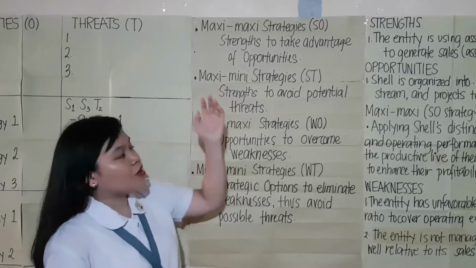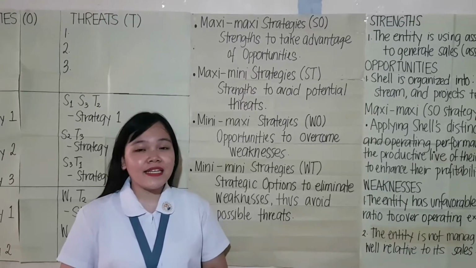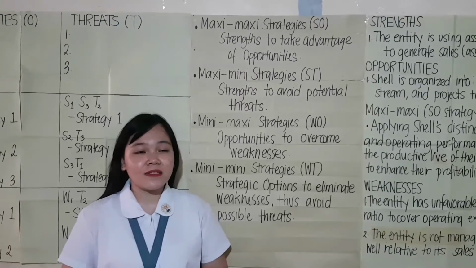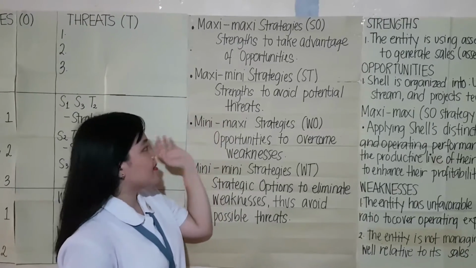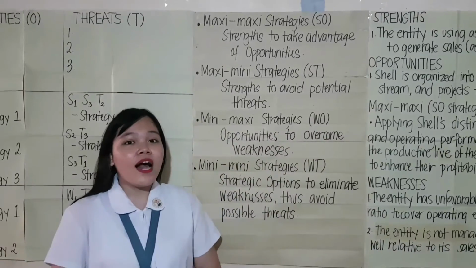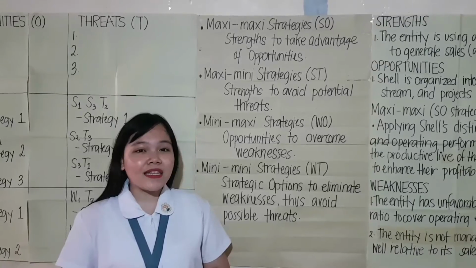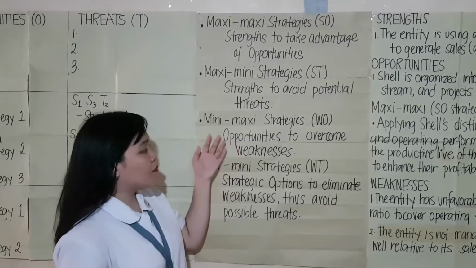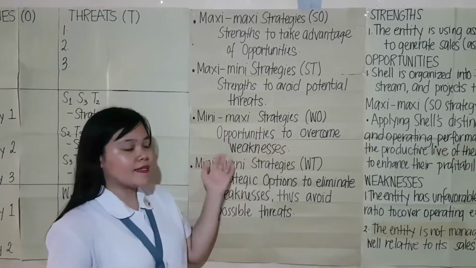Maxi-mini strategies or the ST strategy: combinations or pairs which an entity can use to formulate strategies to avoid potential threats. The mini-maxi strategies, the WO strategy: combinations or pairs which an entity can use to develop strategies and capitalize on their opportunity to overcome weaknesses.